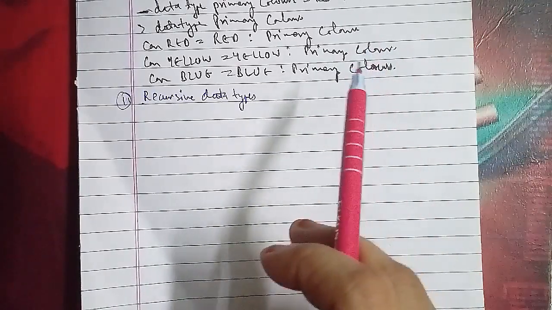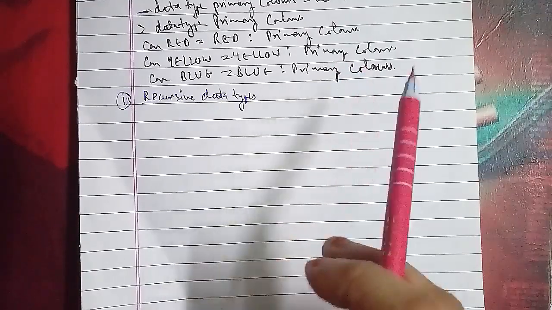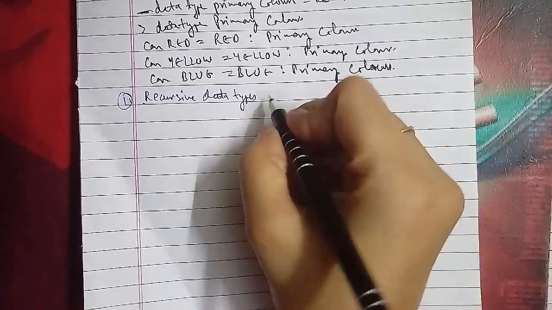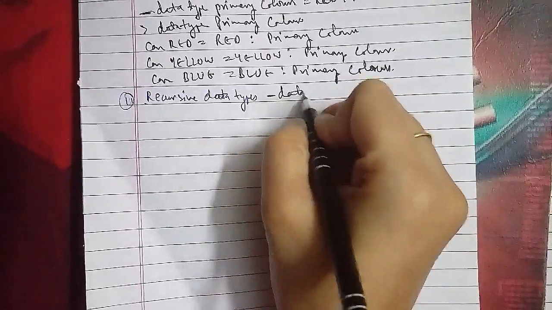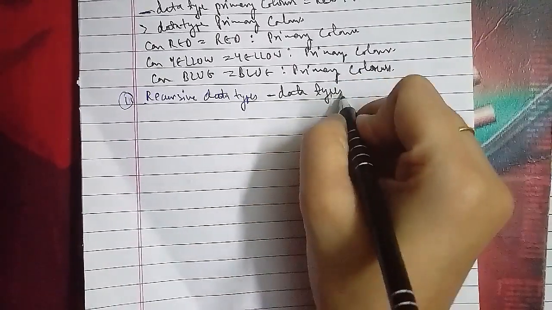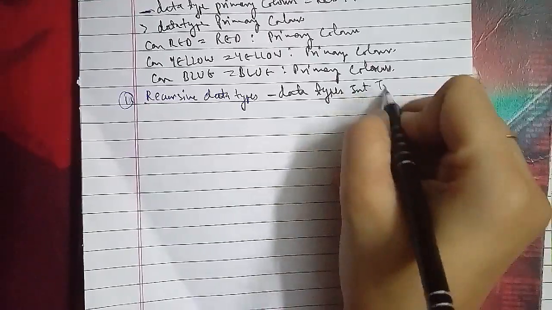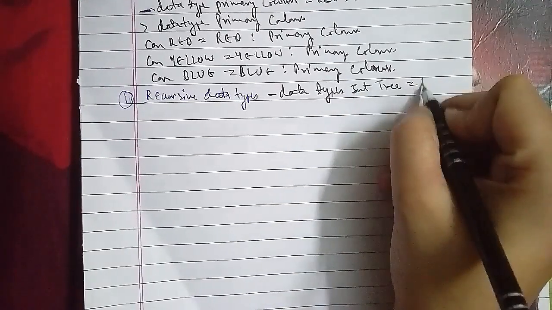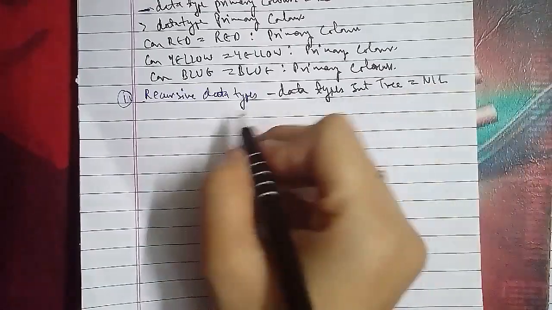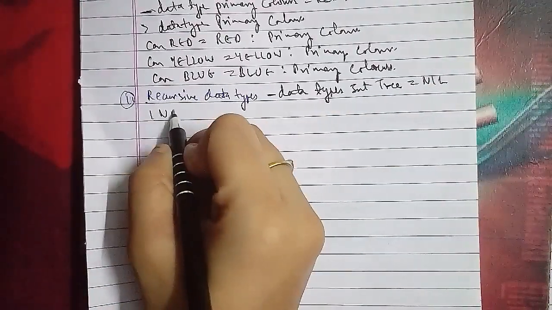which is datatype int tree equals nil, node of int tree int.